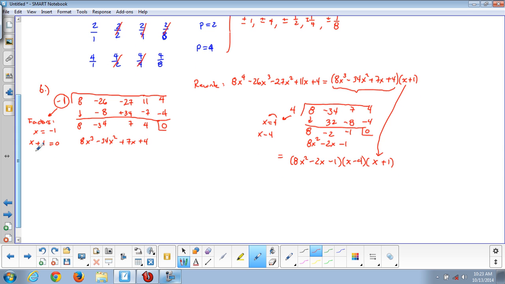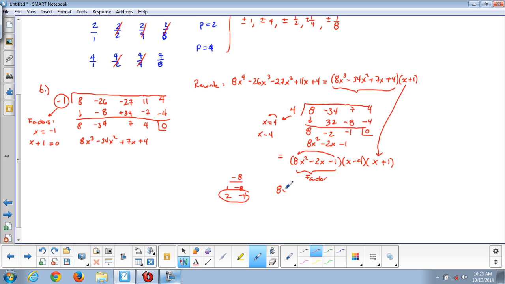Now, from here, there's a couple of things that you can do. You could just continue doing the synthetic division, or you could just factor this out. Okay, I'm going to go ahead and factor out that using the middle term splitting. So I have negative 8. Factors are 1 and negative 8, 2 and negative 4, and these are the ones that I want that add up to the middle term.